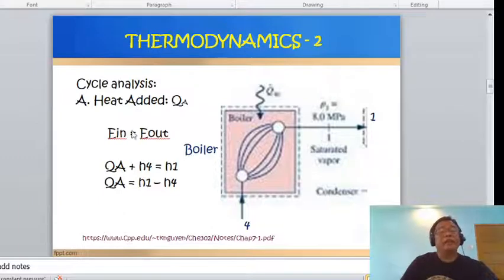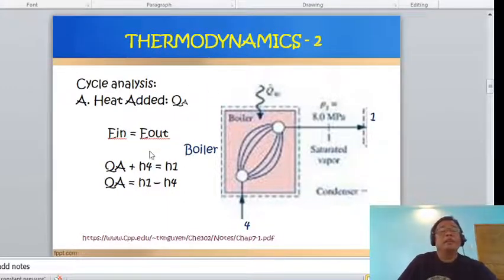Of course, the heat added is also a function of the heating value of the fuel and, of course, the mass of the fuel fed to the boiler, or to the furnace rather. Okay? So the analysis, class, here is energy entering is equal to energy leaving, or energy in is equal to energy out. Okay, so take note, class, of the arrow, of the arrow where the cycle flows.